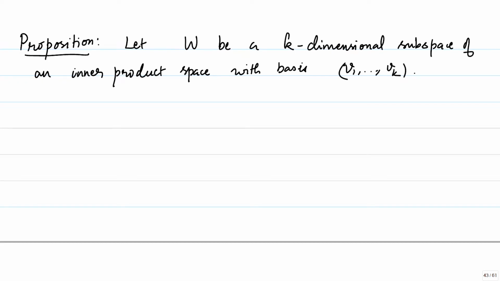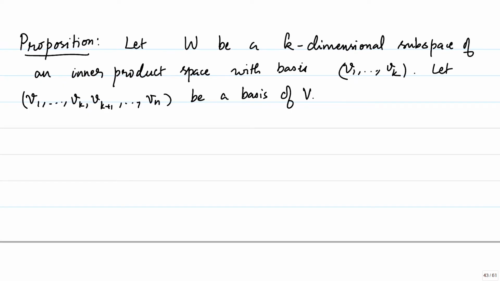Let us extend it to a basis of V. Let V1 to Vk, Vk plus 1 to Vn be a basis of capital V. So, we are considering inner product spaces which have finite dimension. Now, let us apply the Gram-Schmidt process, orthonormalize it to obtain a new basis.